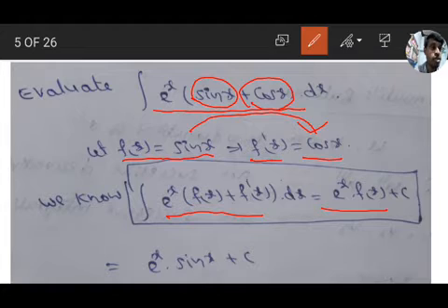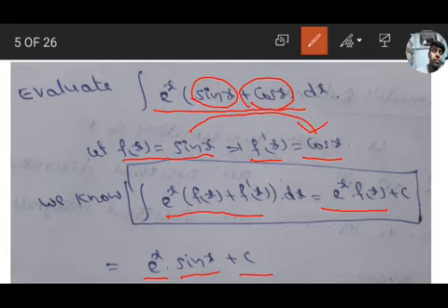Therefore the formula is e to the power of x into f of x plus c. Therefore e to the power of x into f of x means sin x plus c. That is the answer. Means integration e to the power of x into sin x plus cos x dx equal to e to the power of x into sin x plus c is the answer.